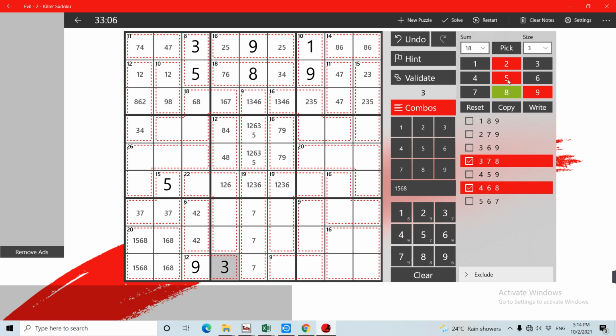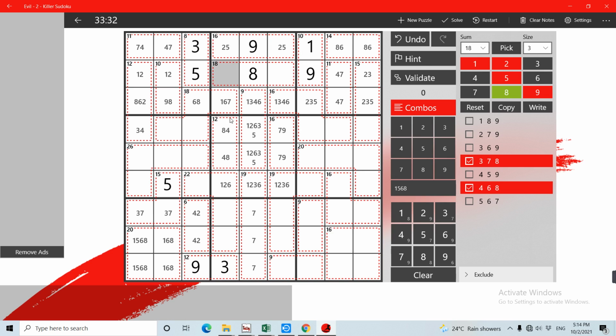Okay, this is the combination of 18 with the size of 3. I need to have 8, cannot have 2, cannot have 5, cannot have 9. And I cannot have 1 also, because 1 and 2 is going to be here. Now, let's try to solve this once again.